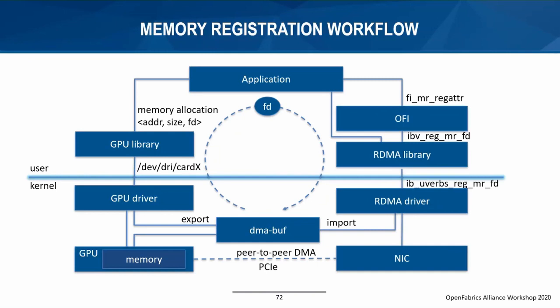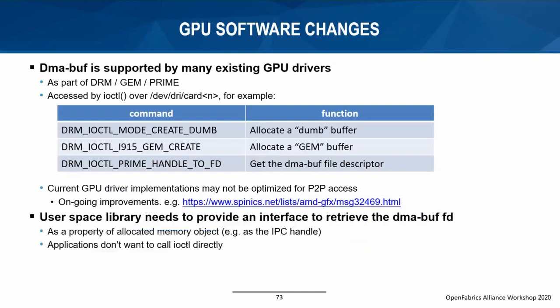Next slide, please. To do this, we have to make changes at several layers of the software stack. From the GPU software side, the DMA-BUF is already supported by many existing GPU drivers. Mostly they are a part of the DRM GEM and PRIME interface.